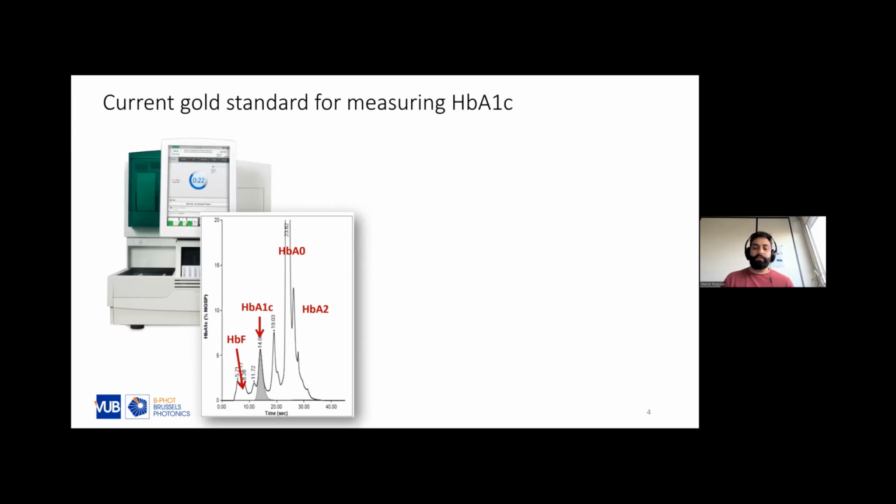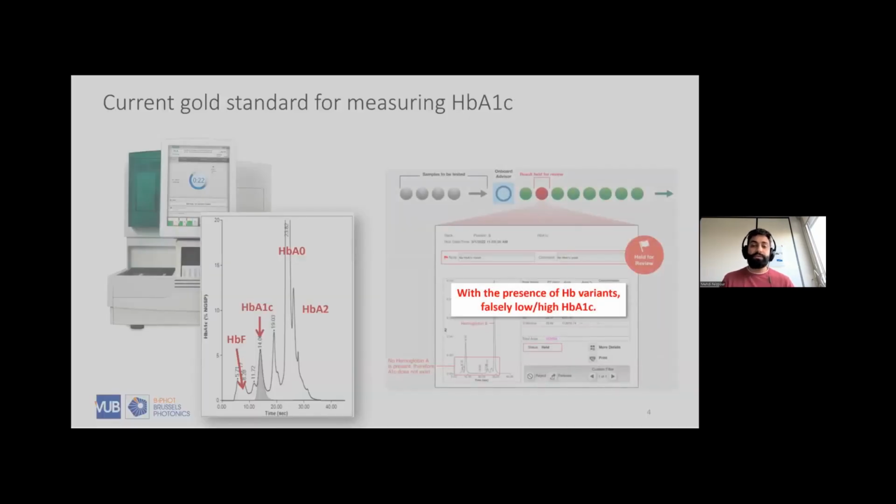Then this device runs into a problem. When you have extra peaks that might overlap with your normal hemoglobin peaks, the algorithms would misfire. They might give you erroneous results for the naturally existing hemoglobins, and that is a problem.